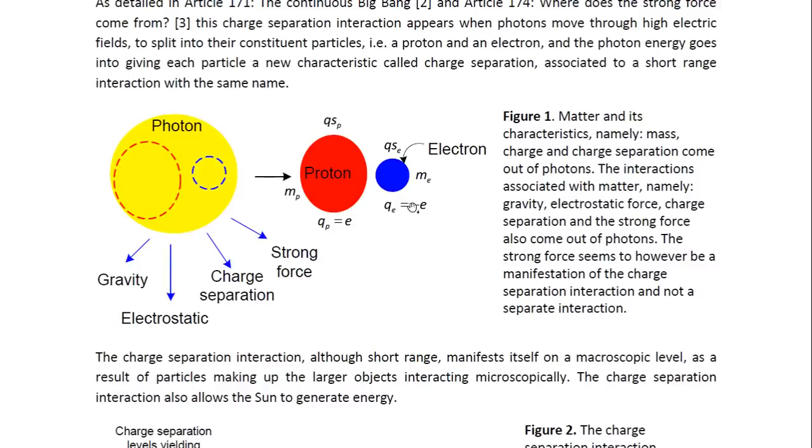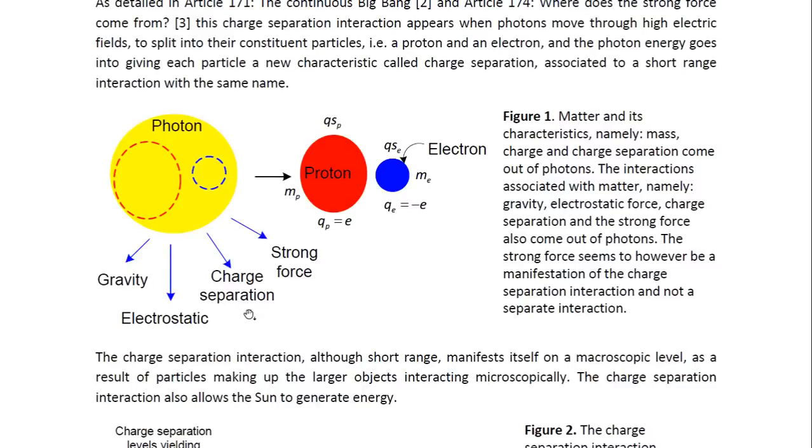But it's not just the particles themselves and their characteristics, it's also the interactions between the particles, namely gravity, the electrostatic interaction, and the new one, the charge separation interaction. The electrostatic interaction will cause a proton and electron to be attractive to each other, but the charge separation will cause them to repel.